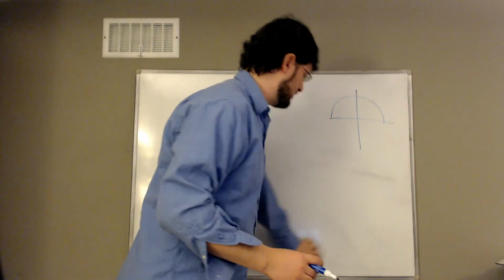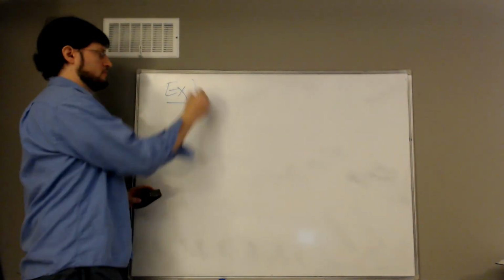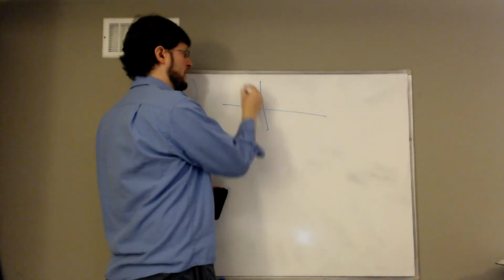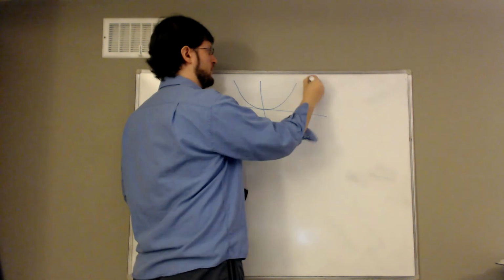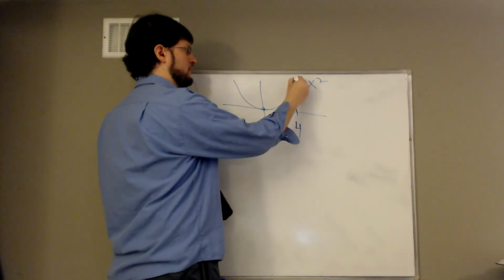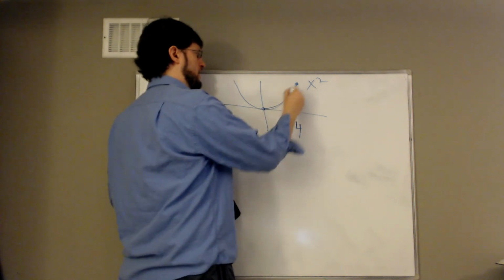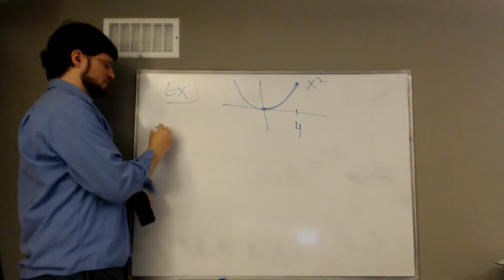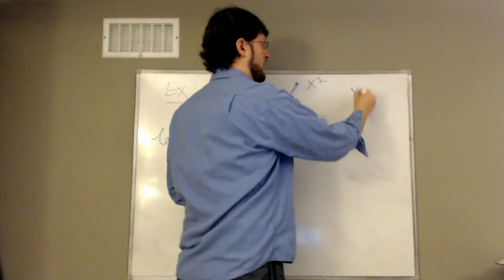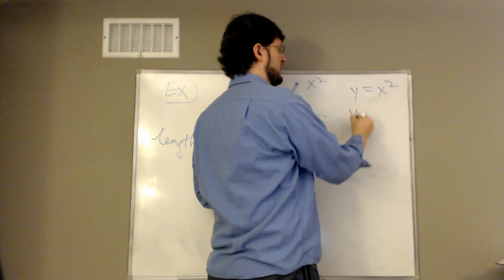Now, let's just do one more. Let's find the length of just the parabola y equals x squared from 0 to 4. Let's find this length. Well, this is y equals x squared. Remember, what we need is y prime.